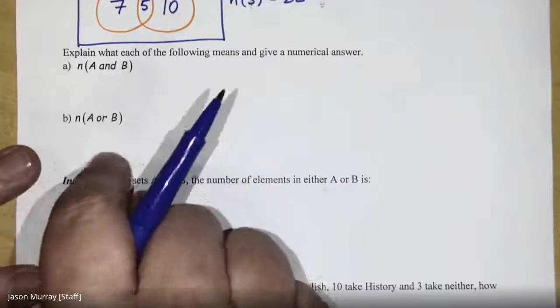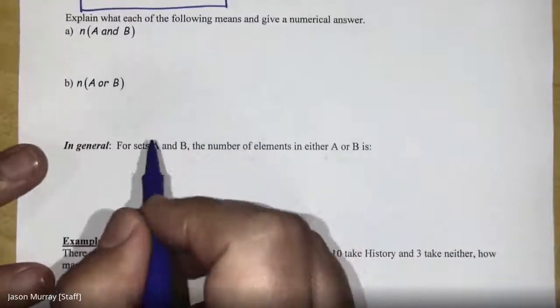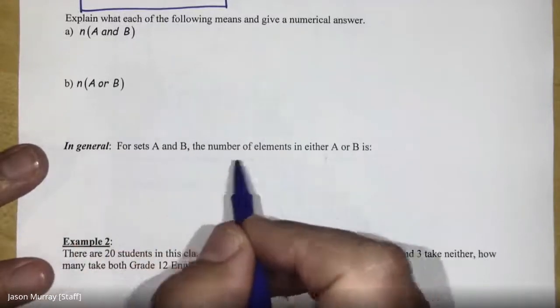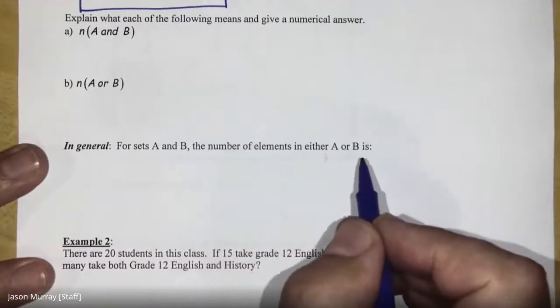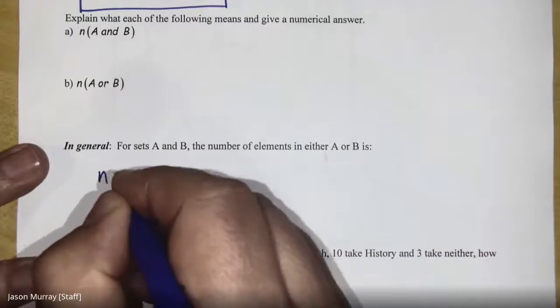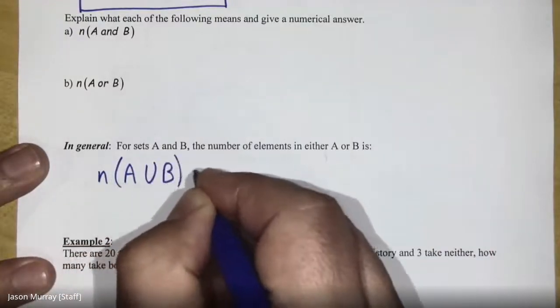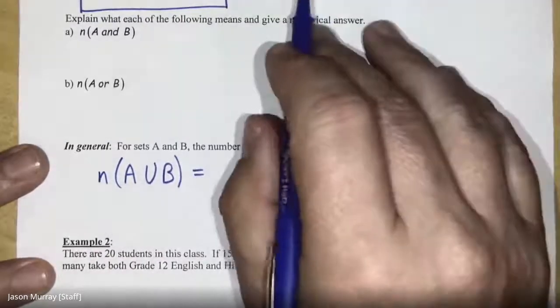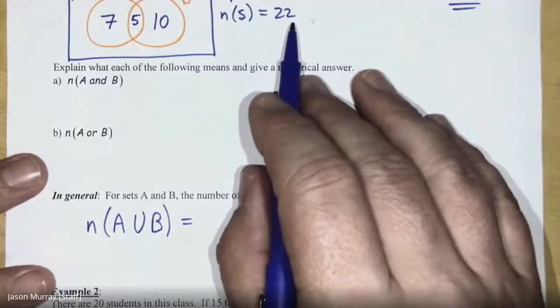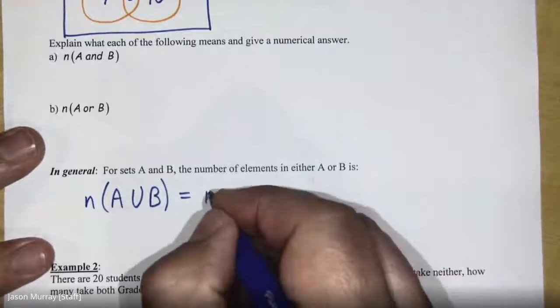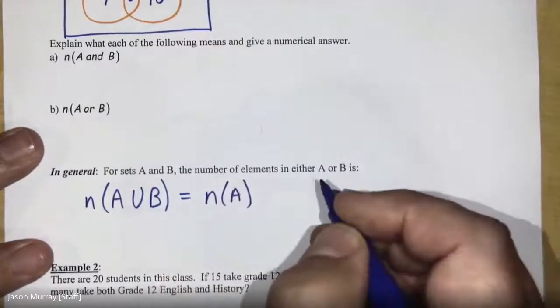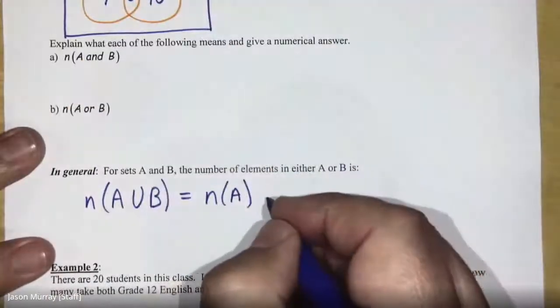I'm going to come back to these 2 questions in just a second. So in general, for sets A and B, the number of elements in either A or B, the number in A union B, which is the 22 that we got up here, is equal to: add up all the ones in A. That would be the 12 students on the volleyball team.